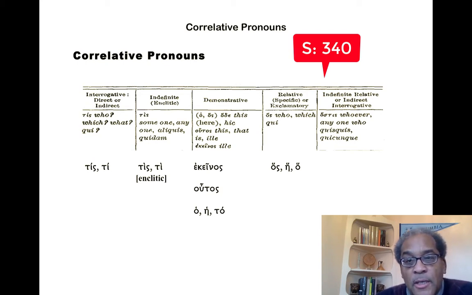So this chart shows how these pronouns are related as first the interrogative, indirect or direct. So who was that man? The indefinite, enclitic, that man was someone I met a few days ago. The demonstrative, this man or that man.